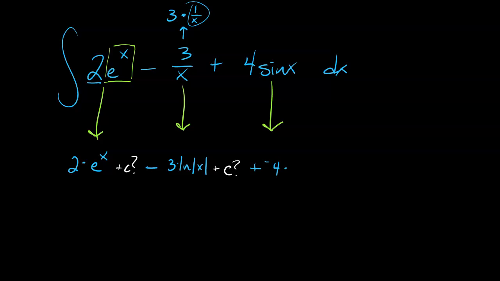Perfect. I'll put the negative in front of the 4, but yes. Absolutely, that is excellent job. Okay, so here's the weird part of this problem. And very good for those who answered, because we didn't talk about it at all. Is each one of these kind of individually has a plus c.